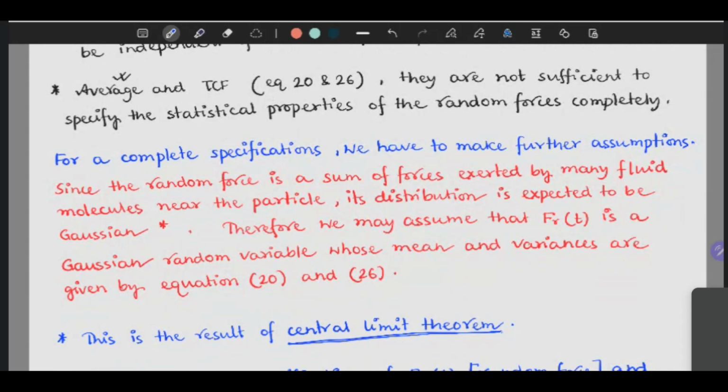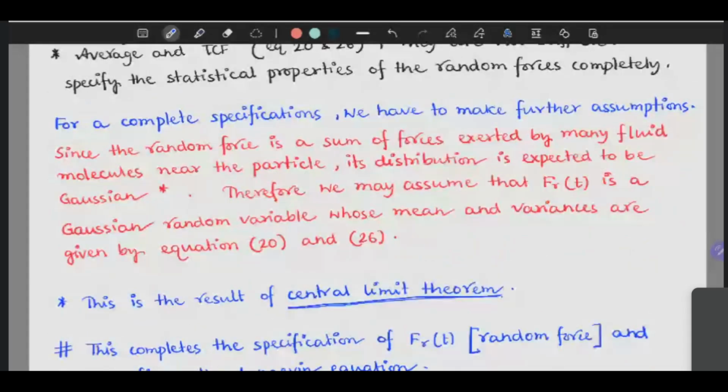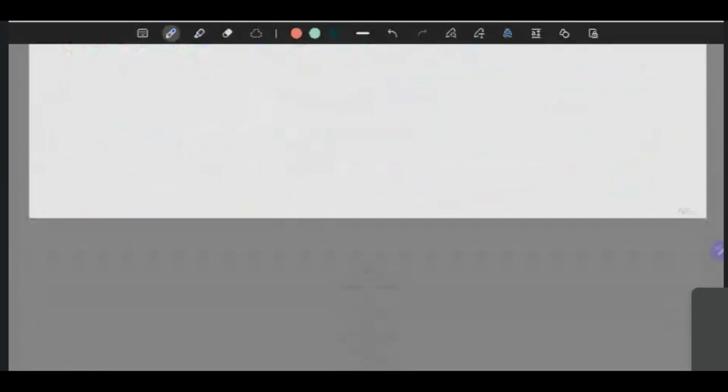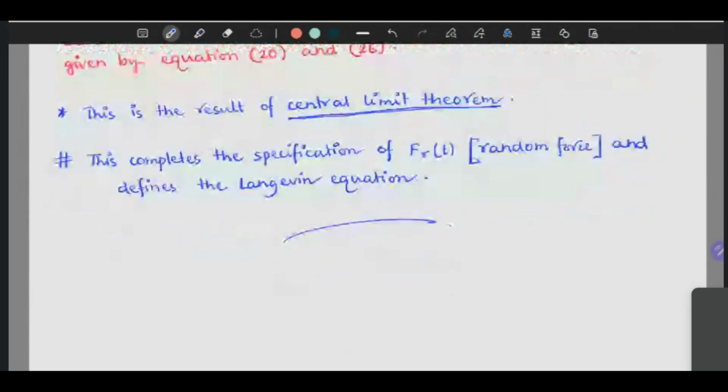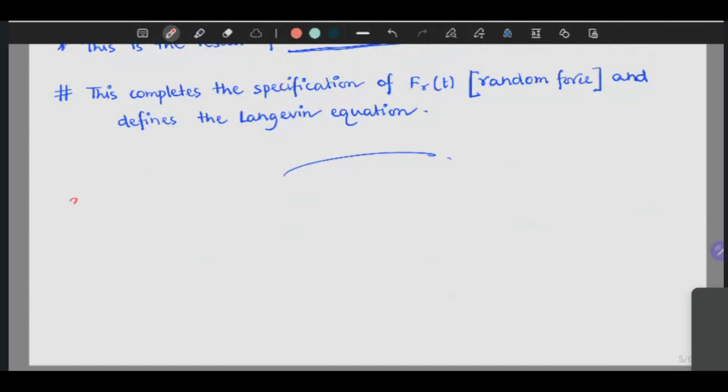What the central limit theorem says is, I will talk about this in more detail later, but I am just talking a little bit about it in this discussion so that you can get the idea. Let's say x is a random variable which takes values x1, x2, dot dot dot xn.